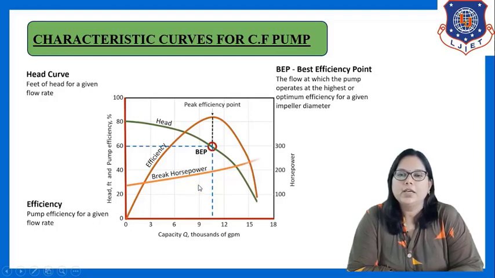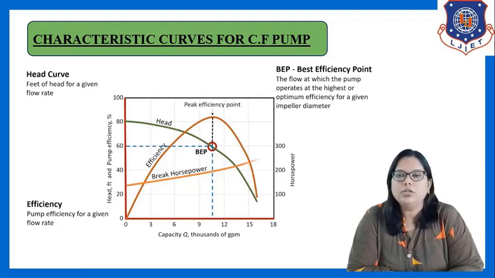So as the capacity increases, the efficiency is increasing up to such point and then it will decrease. Now if I talk about the head, which is in the form of height, here is also the head curve in feet for a given flow rate.